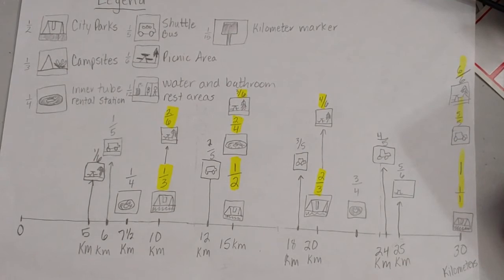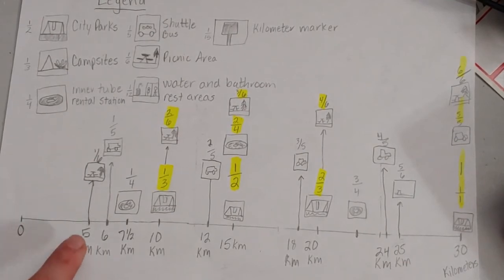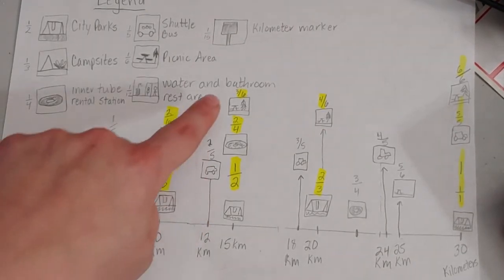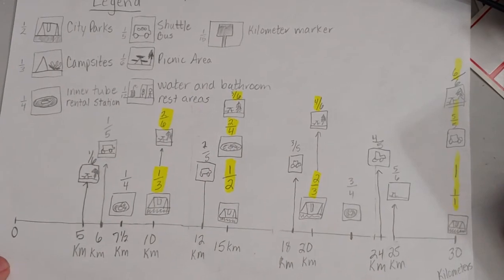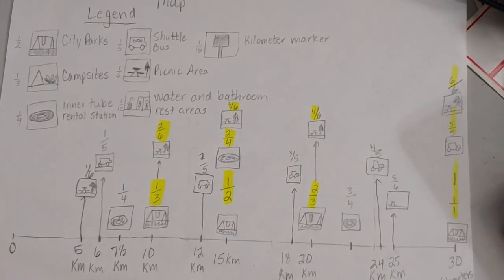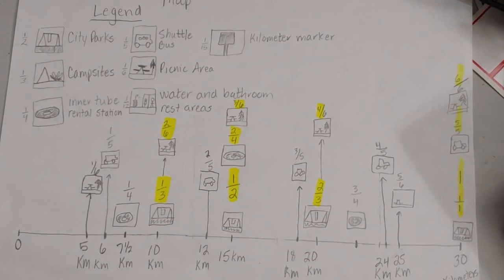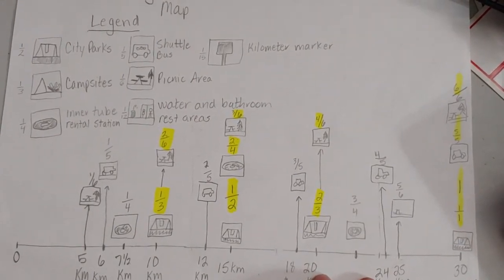The kilometer markers are not on this trail map yet. But, right, there's our picnic, there's our bus site, and you can see how a lot of these things line up. If you would like to use the math we did today to draw your own much more beautiful map, that would be a good use of your new learning today.